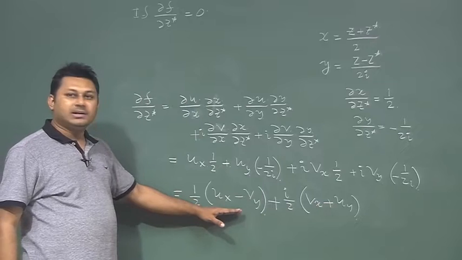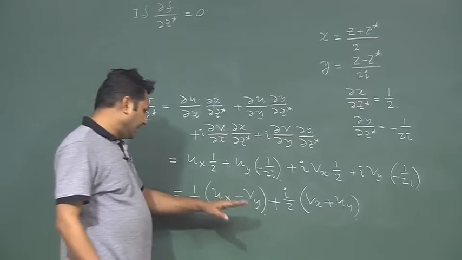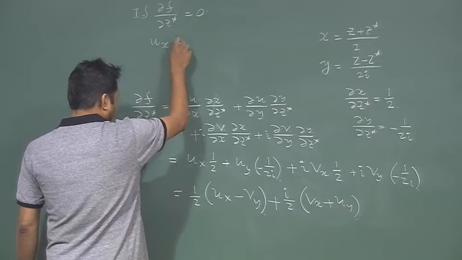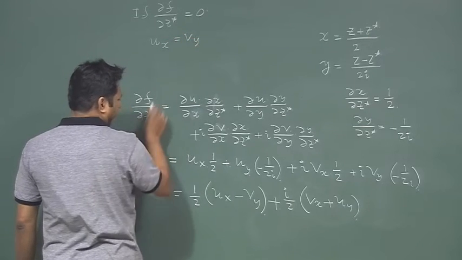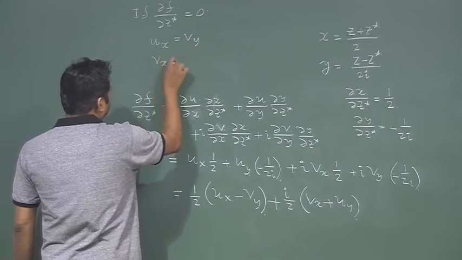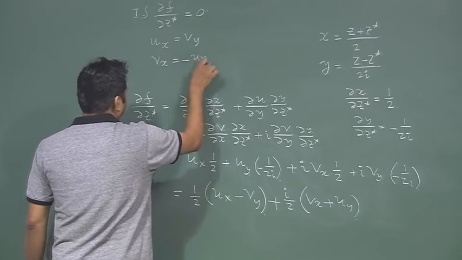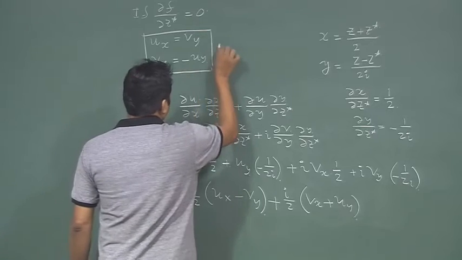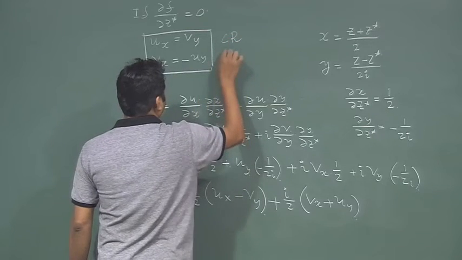So, this real part and imaginary part should be 0 individually. If this is the case, I can readily have u x is equal to v y and v x is equal to minus of u y, which is nothing but our old CR equation. This is Cauchy-Riemann equation.